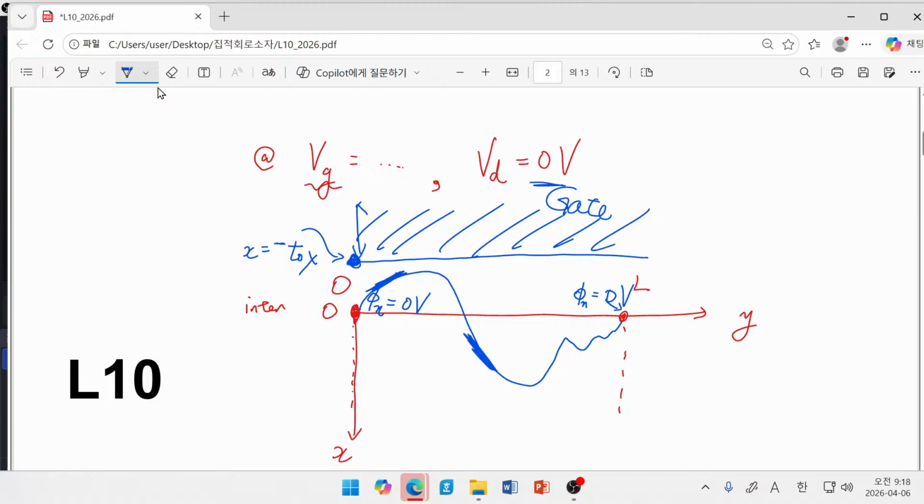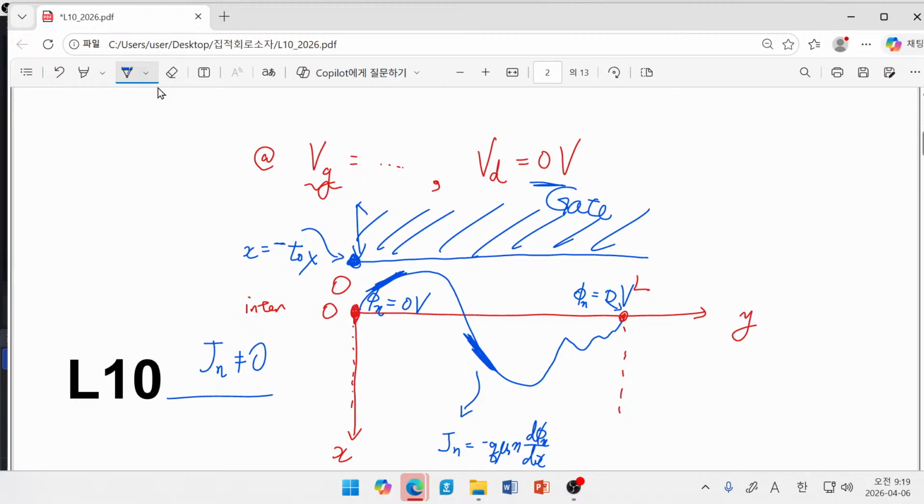It strongly means that at least at this point, our current density should follow minus q mu n d phi n over dx, the gradient of this quasi-Fermi potential. So if we allow any non-vanishing gradient of the electron quasi-Fermi potential, we should allow non-vanishing current density at a certain point of our device.